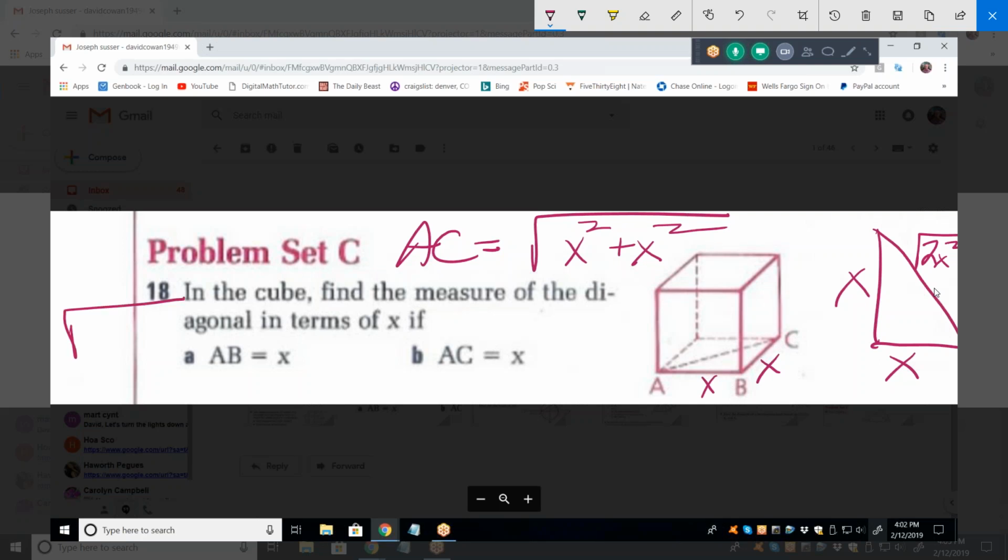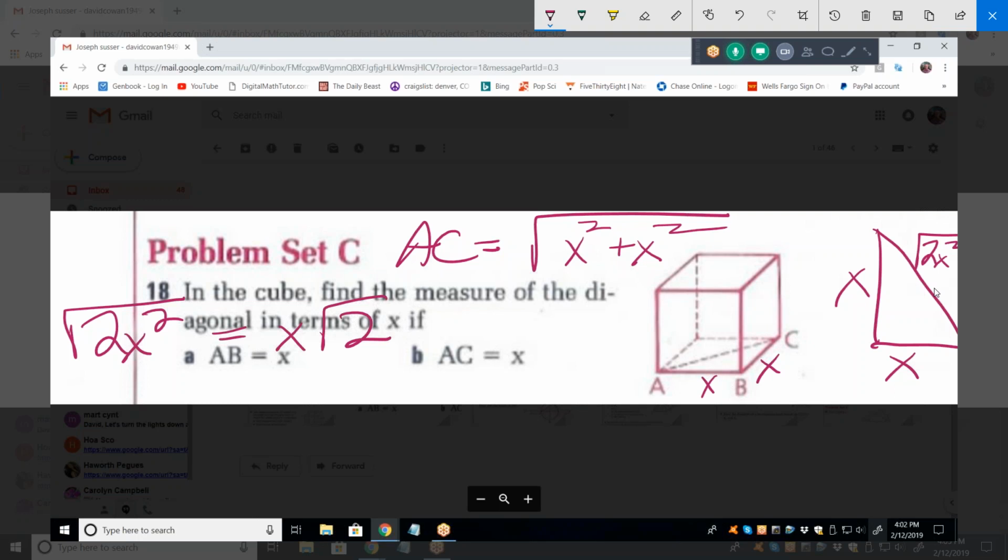Square root of 2x squared. I can simplify that. Just the square root of 2 and then x on the outside. In other words, it's x times square root of 2.